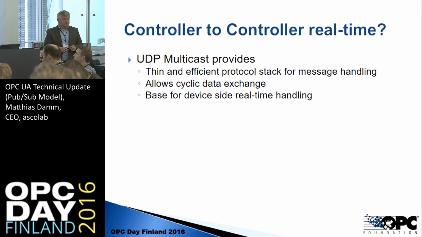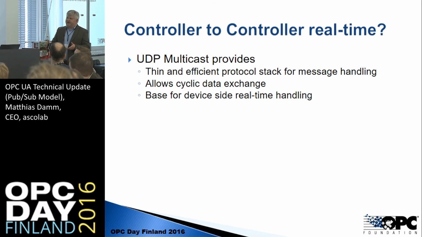What we already achieve with UDP multicast and the PubSub model is the capability to send data cyclically with the same configured amount of information, and it's designed to be very efficient, so you don't need a lot of compute power to create these messages and send them out. So we already fulfill the requirements inside the application and for sending the messages.